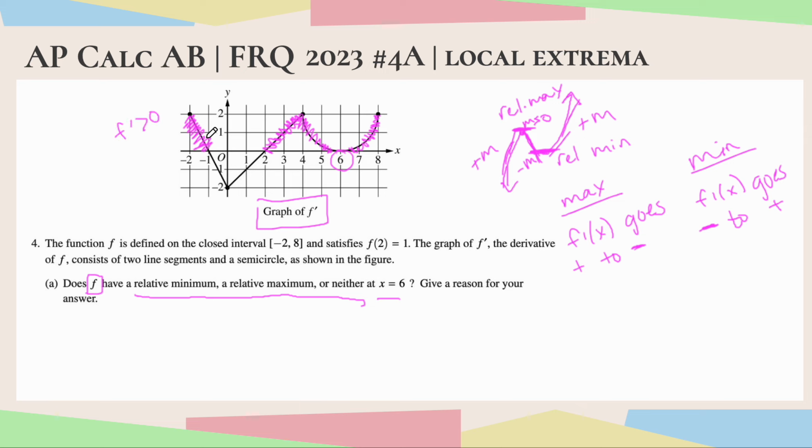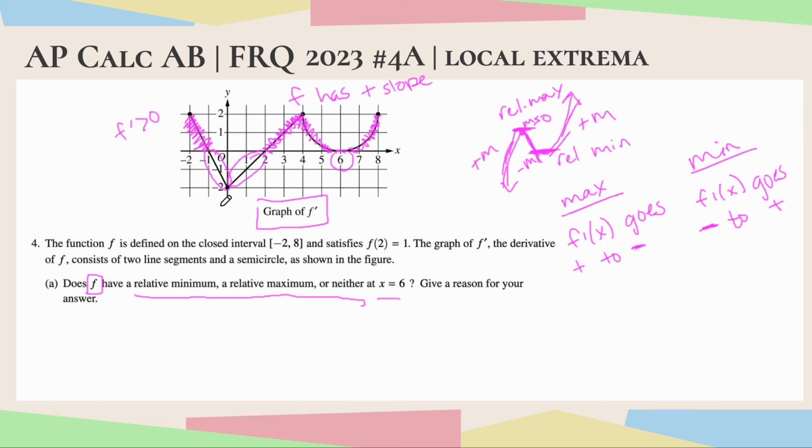And what does that tell us about f? Well, if f prime, which represents our derivative, which represents the slope, is greater than 0, that tells us everywhere with these squiggly lines f is going to have a positive slope. So let's just say f has positive slope. Okay, and then down here in this area, I'm just going to circle it to distinguish it. These are the negative values of f prime.